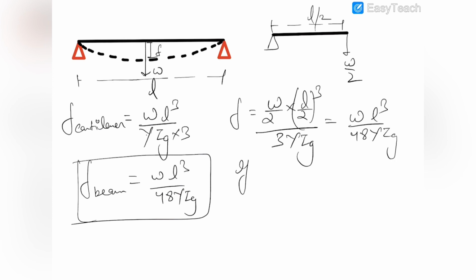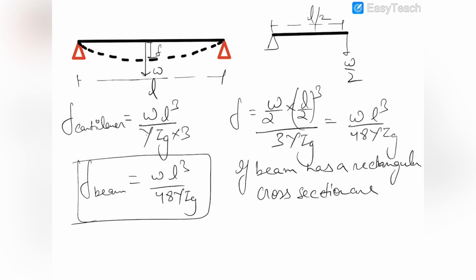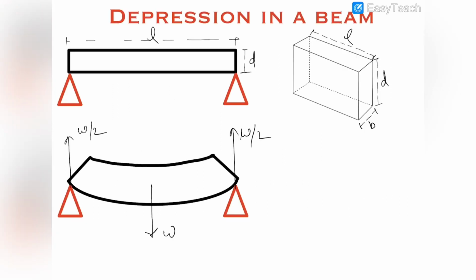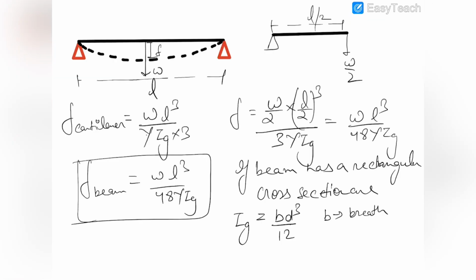Now if the beam has a rectangular cross section area, whose width is equal to B and whose depth is equal to D, then Ig for such a beam, which is the geometrical moment of inertia, is B D cube by 12, where B is breadth, which I have already explained in the previous diagram, and D is the depth of the beam.